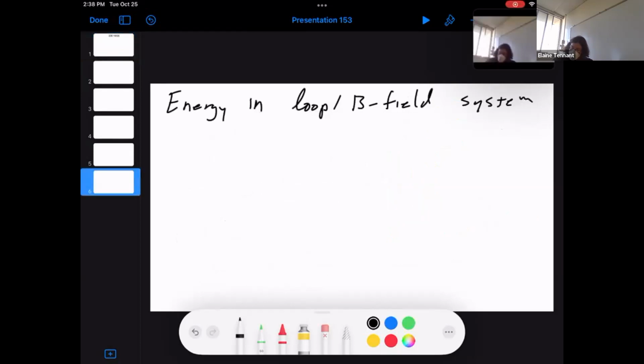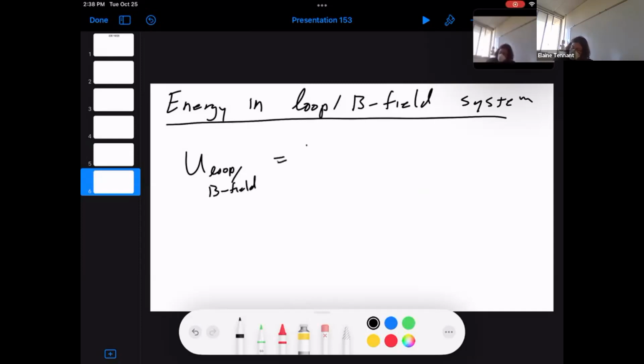And that's what we'd like to look at, where the potential energy of that loop B-field system would be equal to the amount of work that the magnetic field would do on the loop of wire.